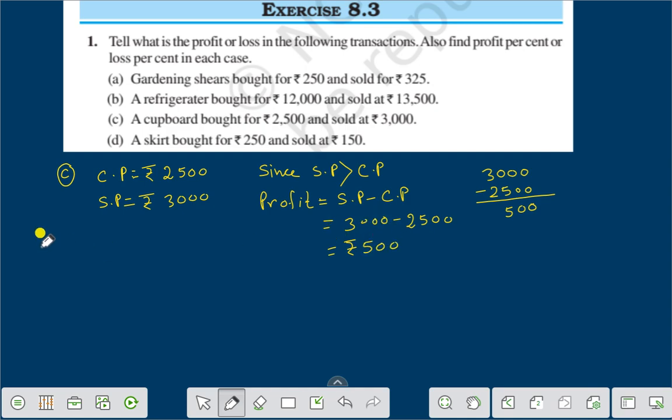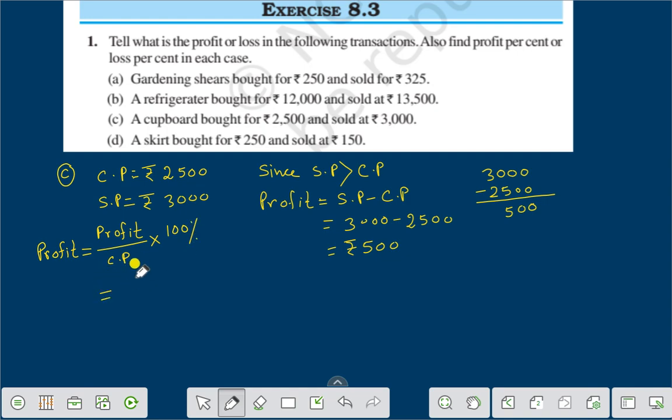Now, if we find profit percent, then profit percent is equal to profit by cost price into 100%, right?